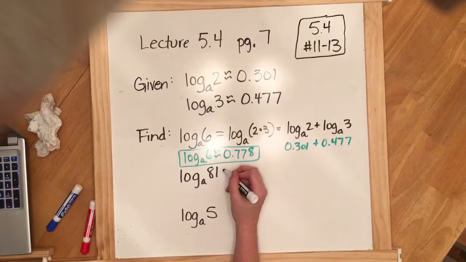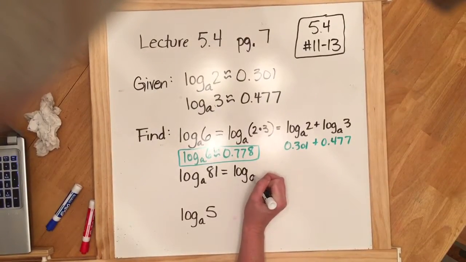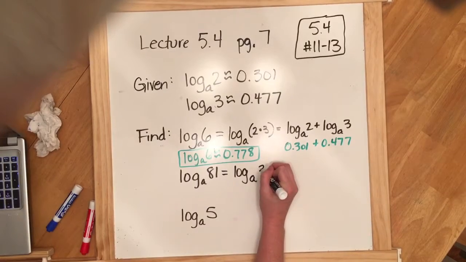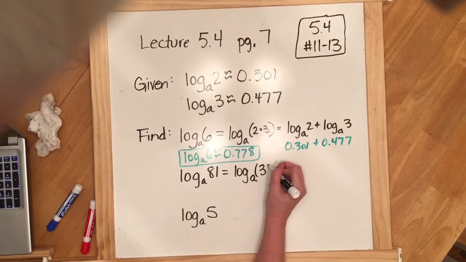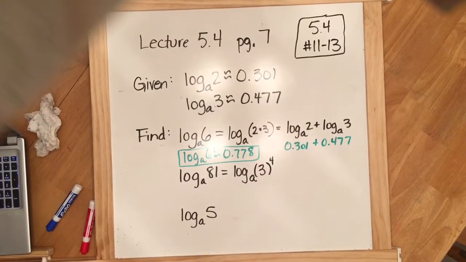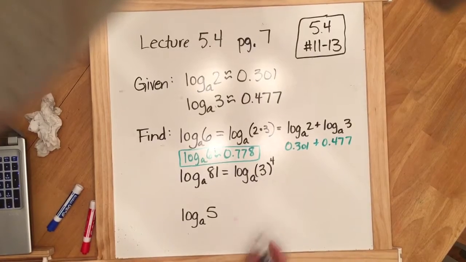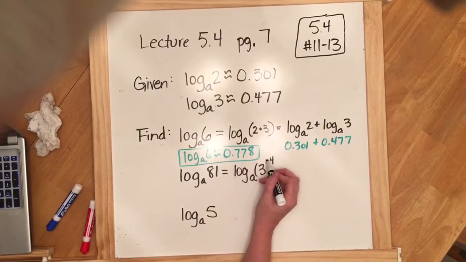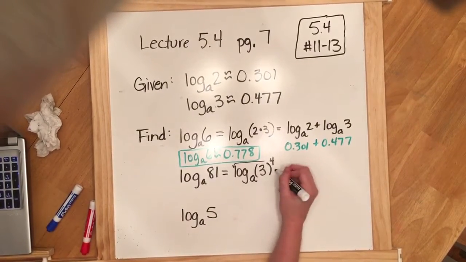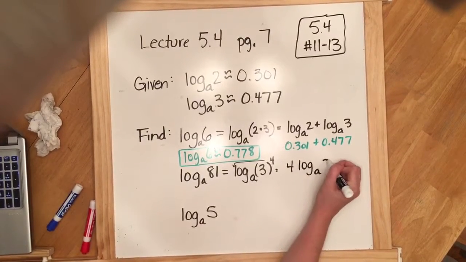So 81, we're going to have to just use 3, because 81 can be written as 3 to the 4th power. So then we can use our power property to bring this down to the front. So we have 4 times log base A of 3.